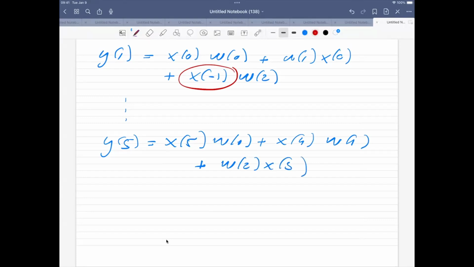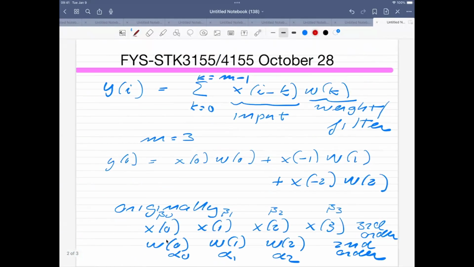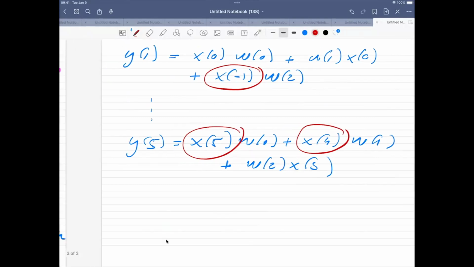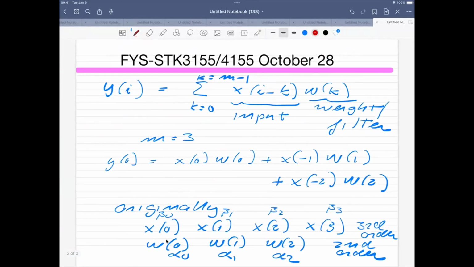In this particular case, this x of 5 is something which we have not defined. And if we look back at the example, we have x0 up to x3, so that means that x4 is also not defined. So let's ring them in here. What we have are parameters x5, x4, x of minus 1, and x of minus 2, which are not defined here.